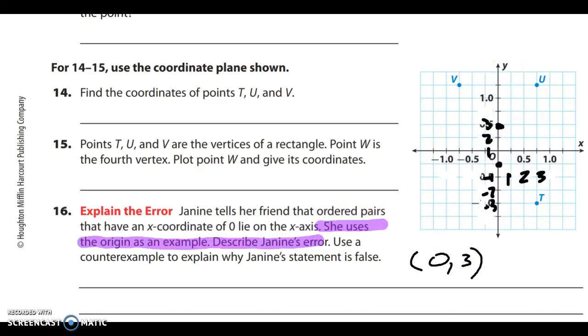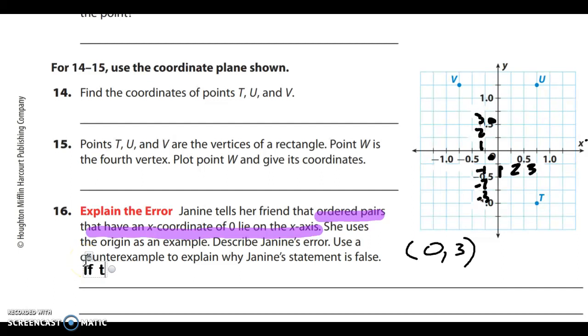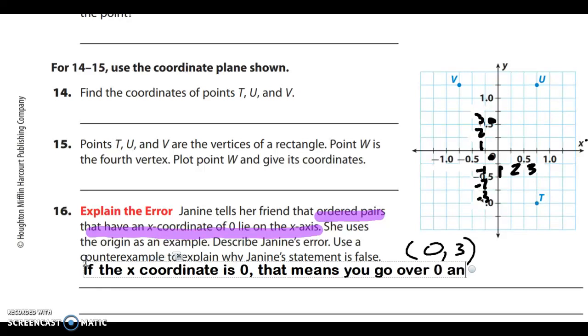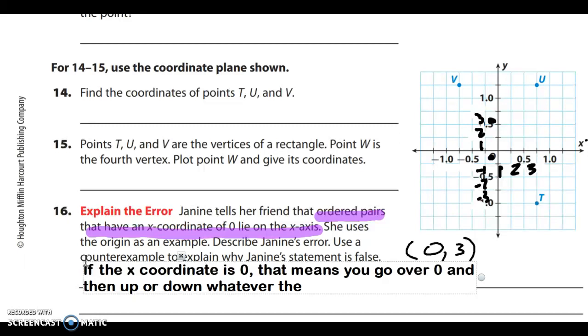So what's her error? If the x-coordinate is 0, that means you go over 0 and then up or down whatever the y-coordinate is.